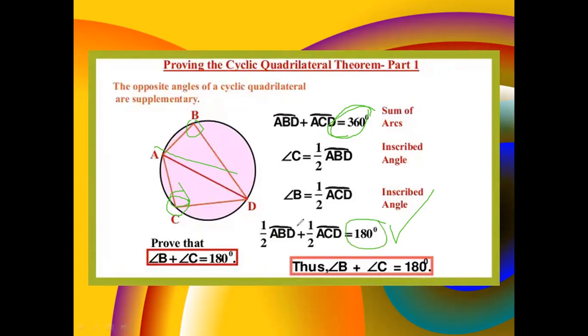Thus, angle B plus angle C, the opposite angle here, equals 180 degrees. So that proves that it is a cyclic quadrilateral. Okay, understand?